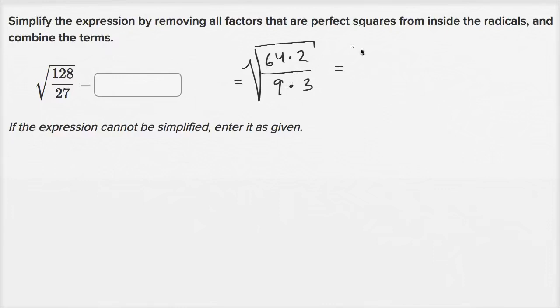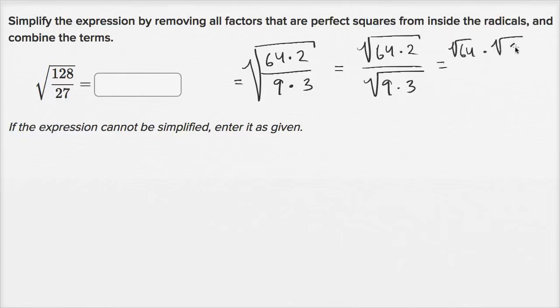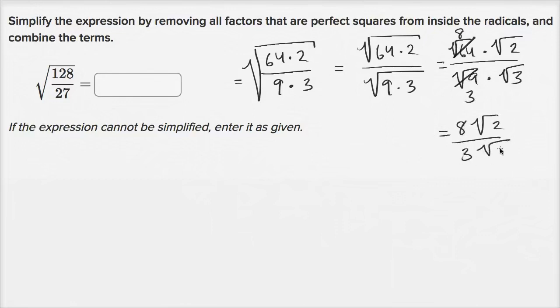We could say this is the same thing as the square root of 64 times 2 over the square root of 9 times 3, which is the same thing as the square root of 64 times the square root of 2 over the square root of 9 times the square root of 3, which is equal to, this is 8, this is 3, so it would be 8 times the square root of 2 over 3 times the square root of 3. That's one way to say it.